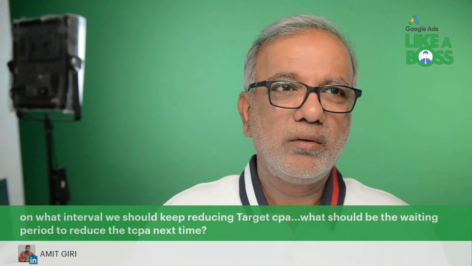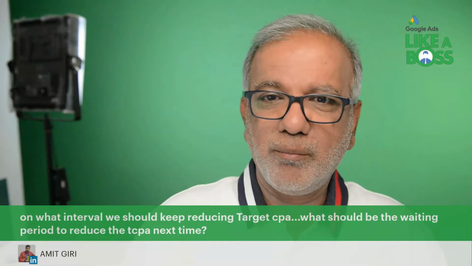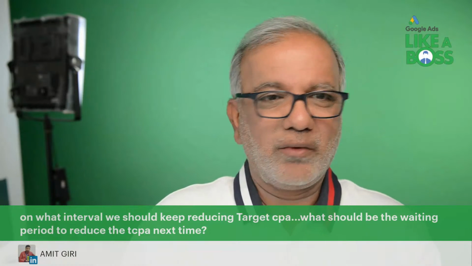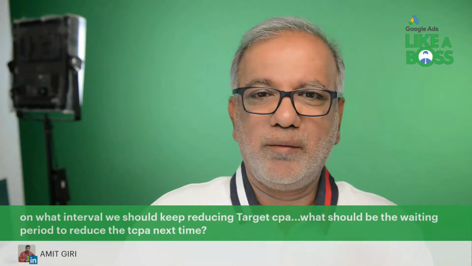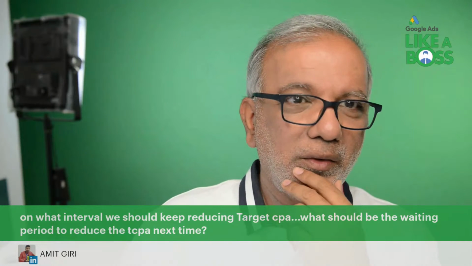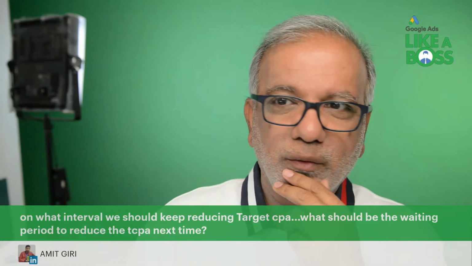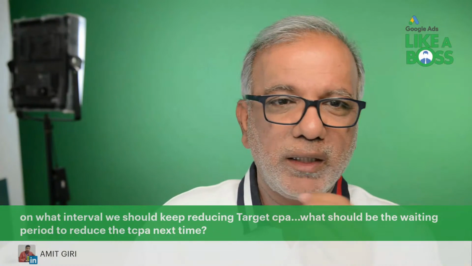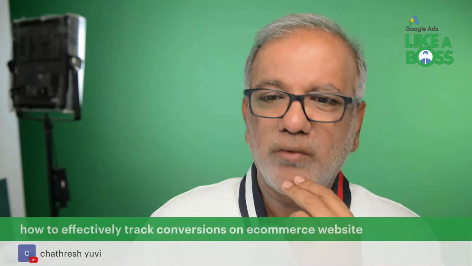But don't tamper with the campaigns which are running fine. Otherwise, the algorithm resets, it breaks, the campaign stops performing, and then your client or your manager or your boss is going to start shouting and screaming at you as to why this campaign has all of a sudden stopped.